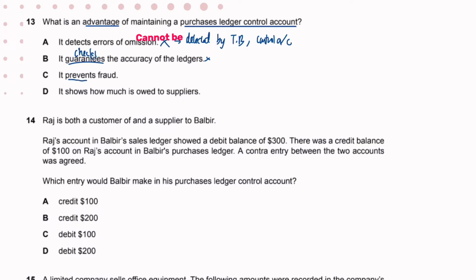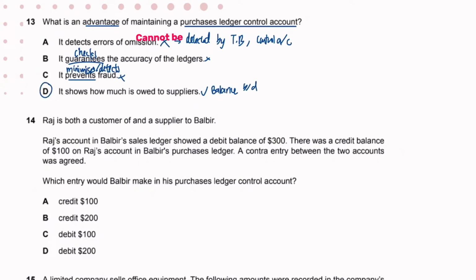Again, this seems tempting to choose, but they should use words like it minimizes fraud or it detects fraud. They can't prevent fraud. Well, D, it shows how much is owed to suppliers. This is correct because it shows you the balance b/d, so you know how much you owe.